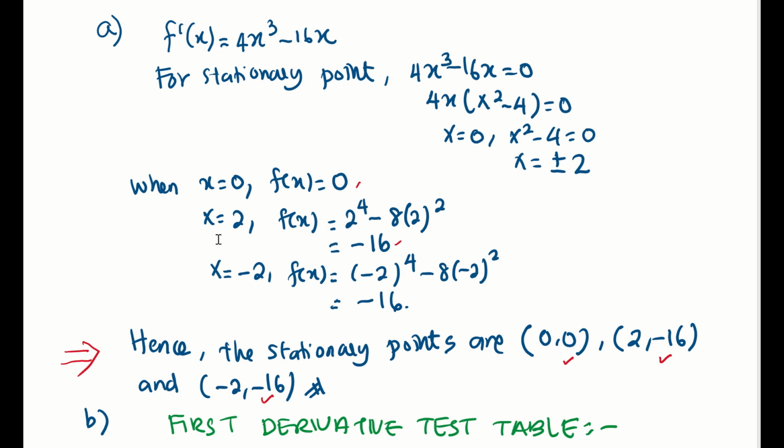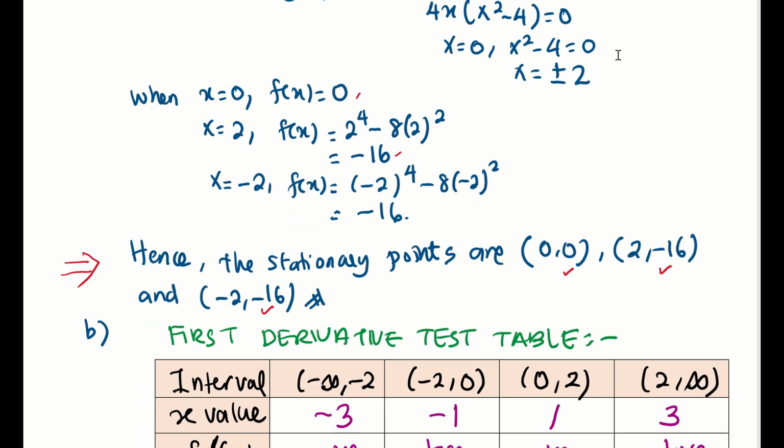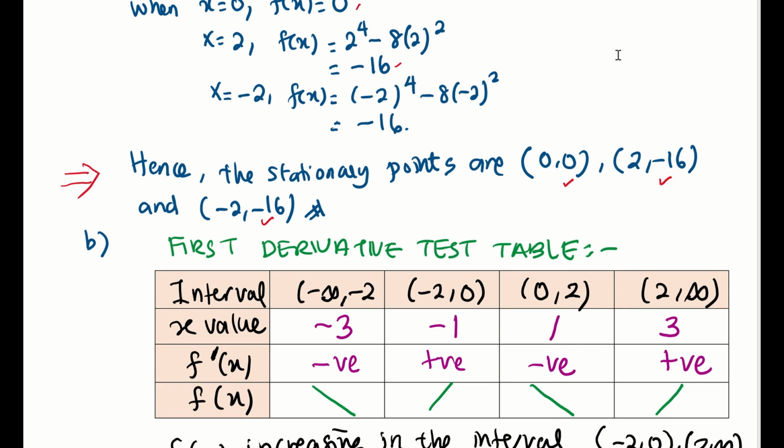And B, the question asks to find the relative maximum or minimum. Okay. To find the maximum and minimum point, we need to do the first derivative test.